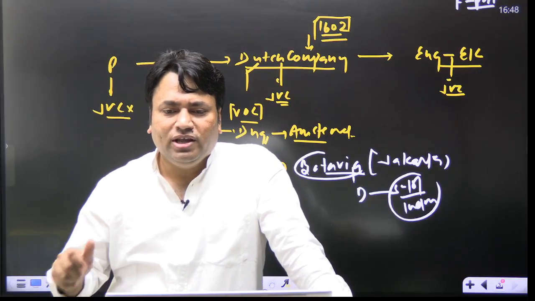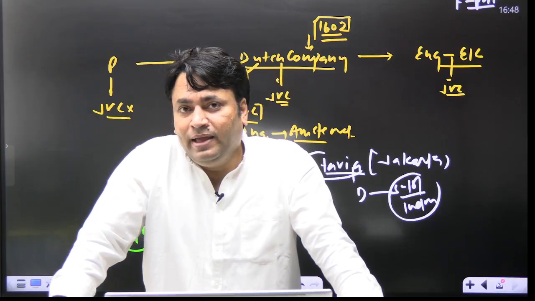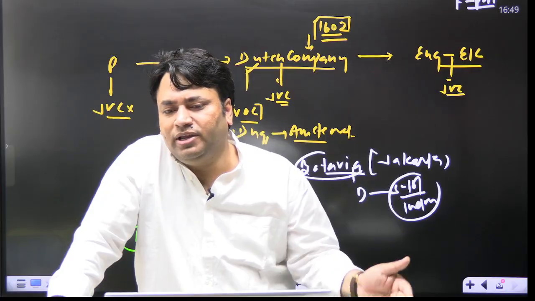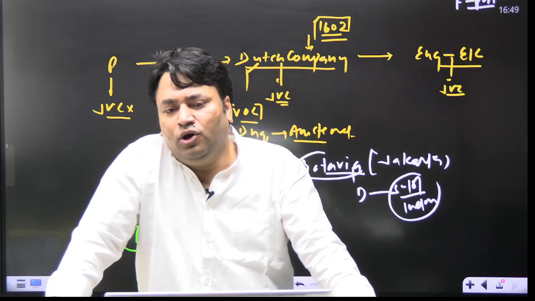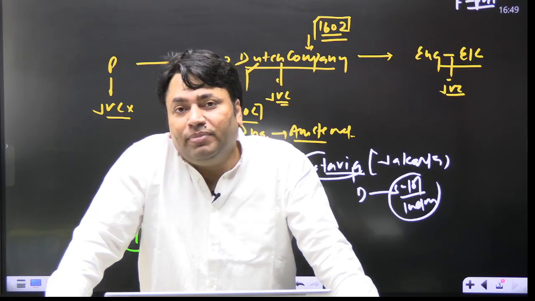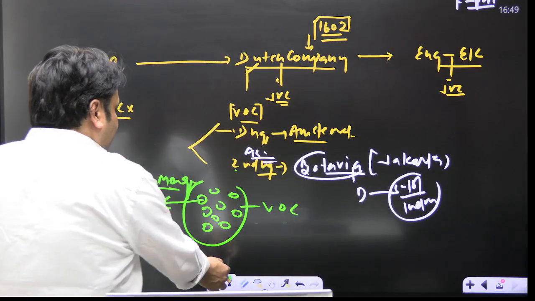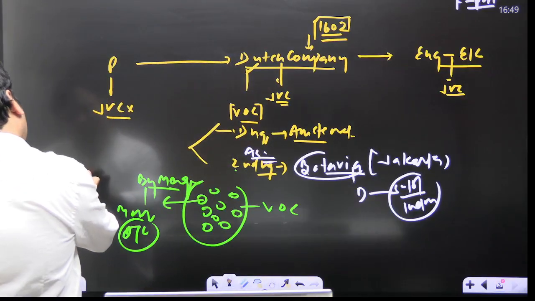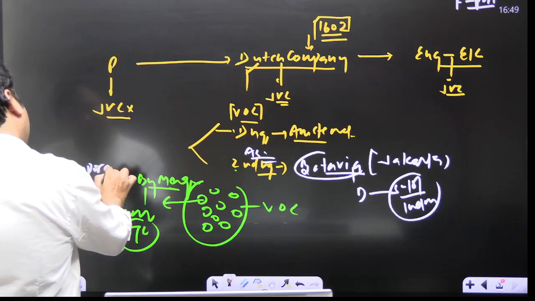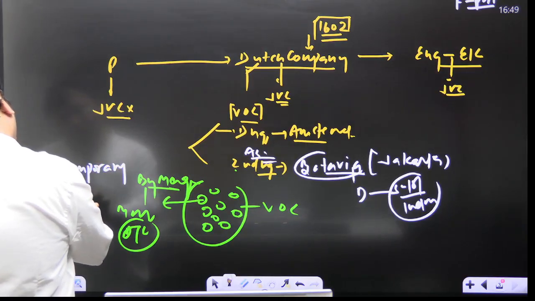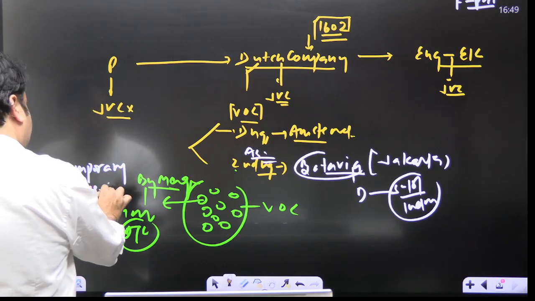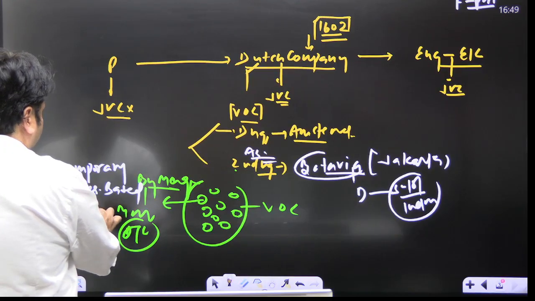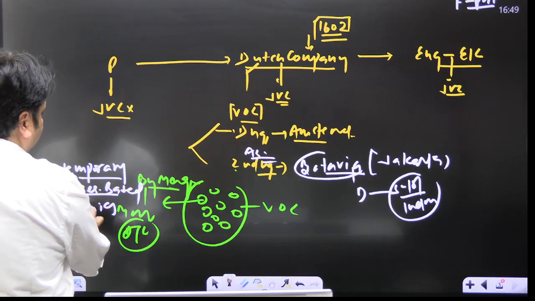So in this way the companies were operated, and the more accurate words for such companies will be temporary voyage based companies. Previously there were hundreds of such trading companies, and all these companies were temporary voyage based companies.